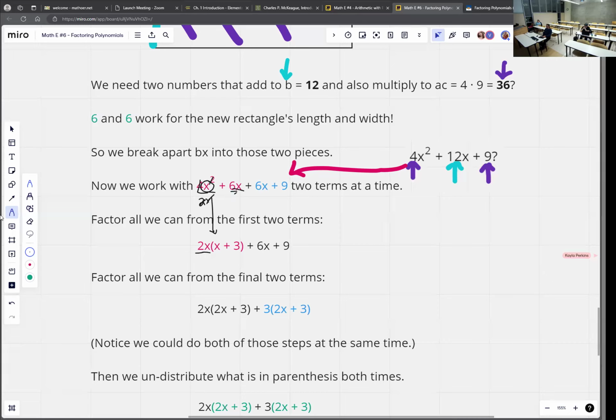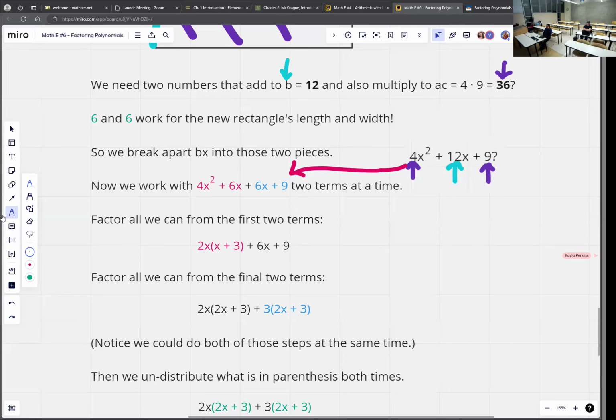Or if I do 6x over 2x, what's left over? Just a 3. So that goes there. Does that help? A little bit. Hopefully with more repetition of this, it will make more sense as we go. Okay.